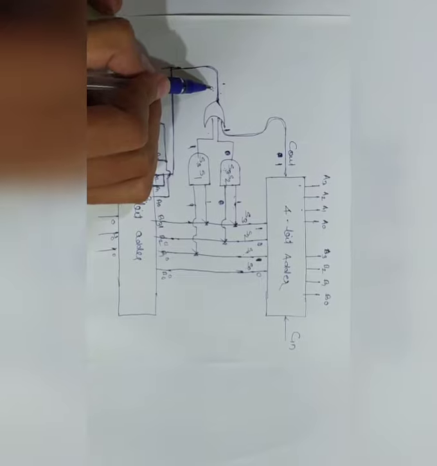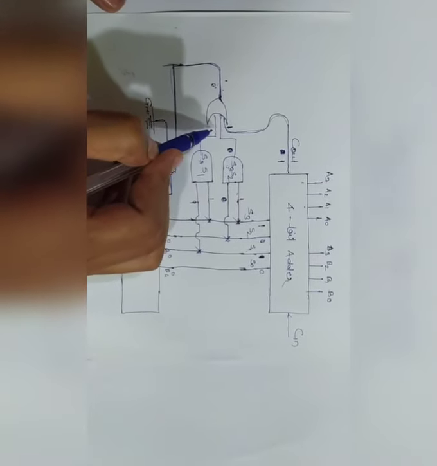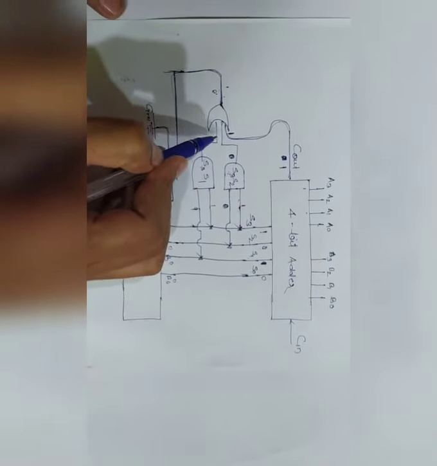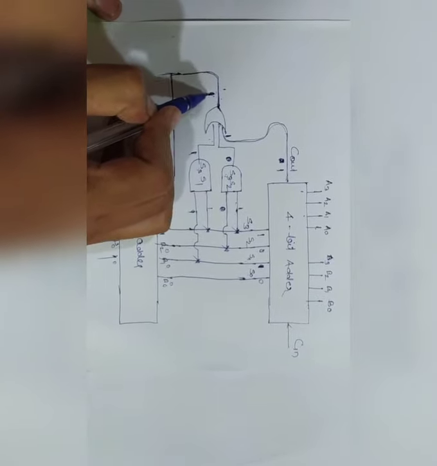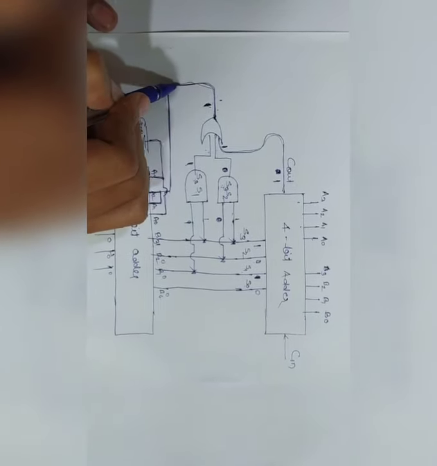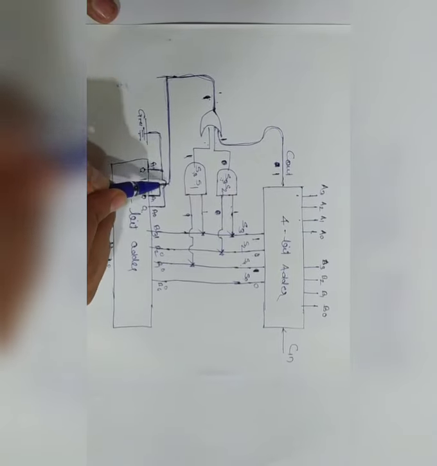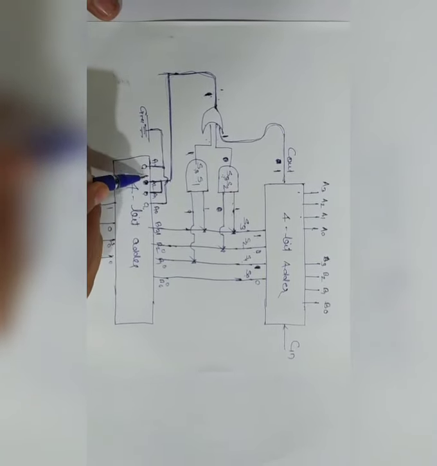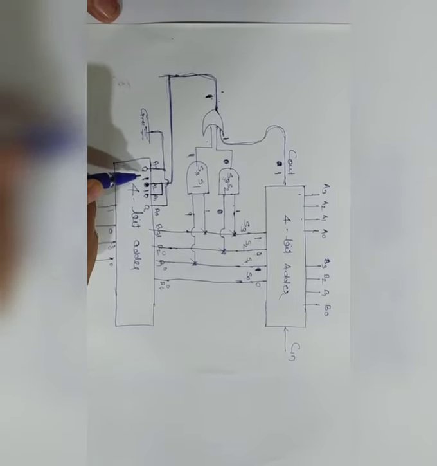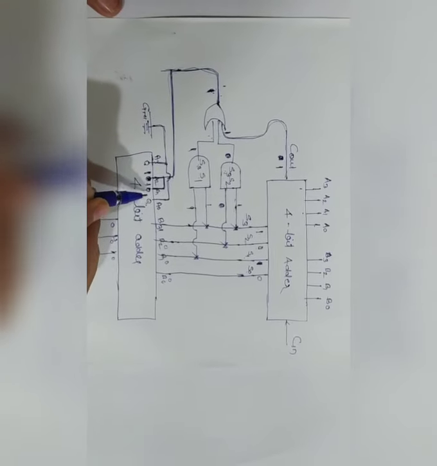Now the output for this is 1 OR with 1, so the output is 1. Now this 1 comes here, and this bit becomes 1 because this is divided into two bits, 1 and 1, right? So 0 1 1 0, right?